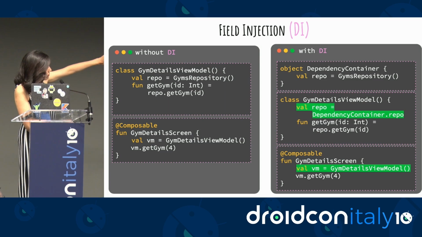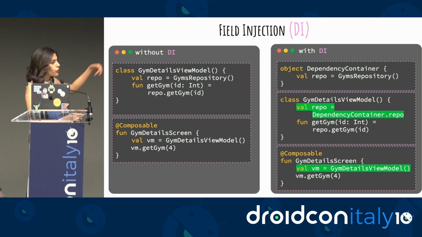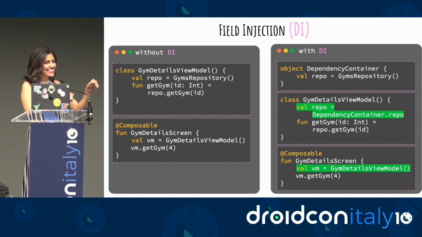So here we do have coupling, right? We do see coupling between the view model and the dependency container. Does somebody want to say what is coupling? No hands raised.